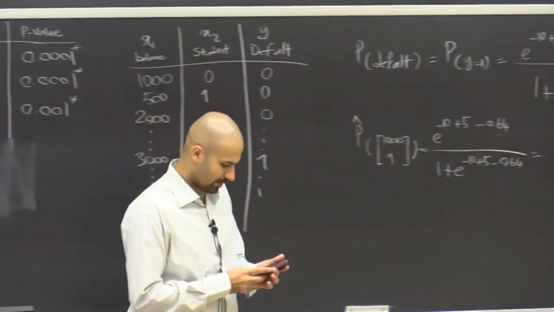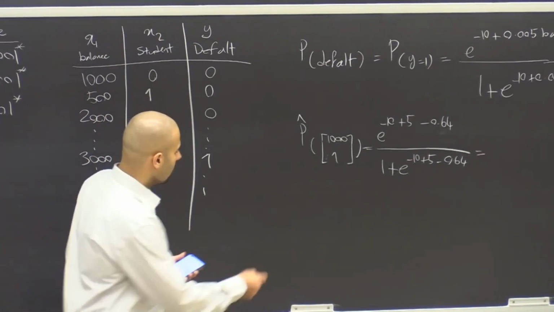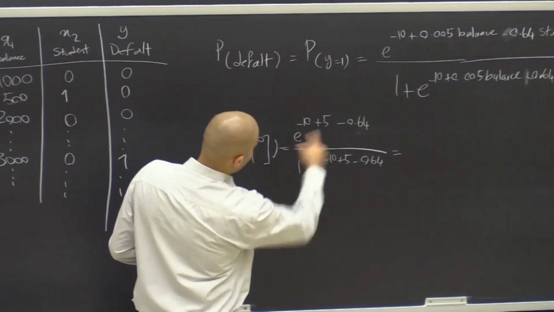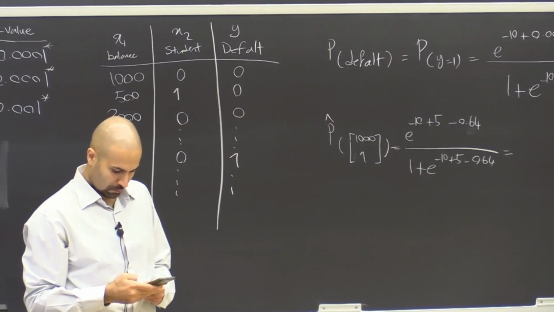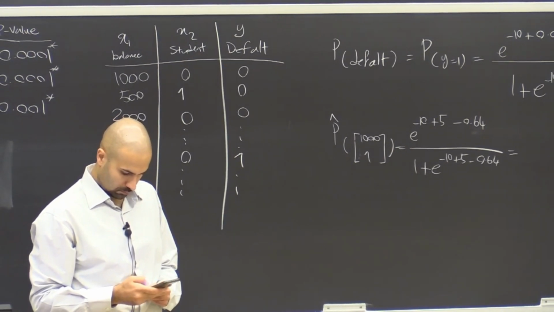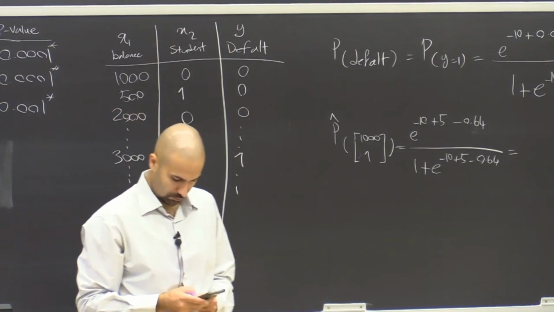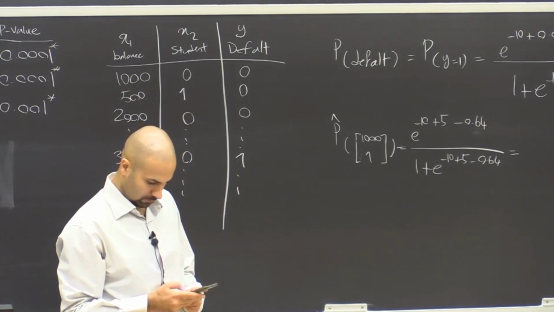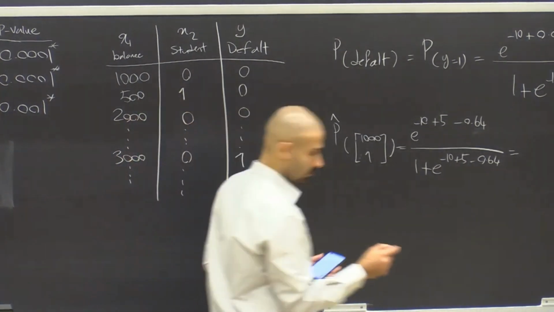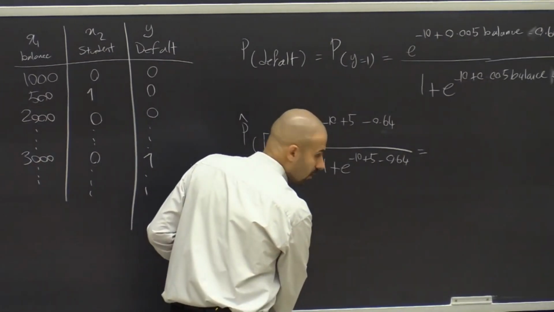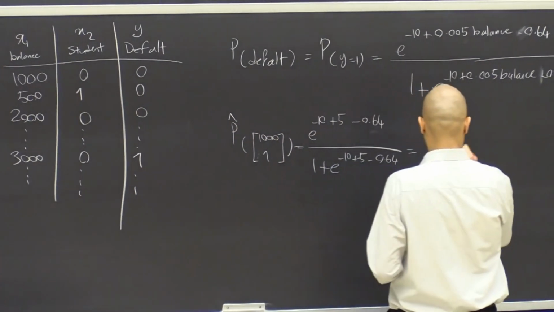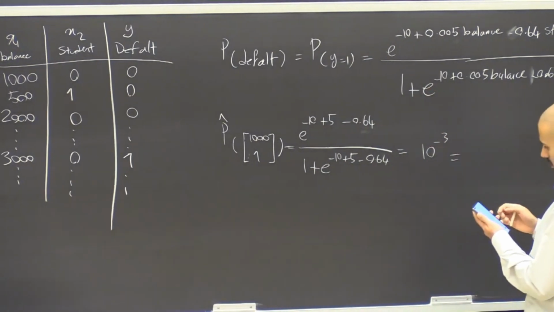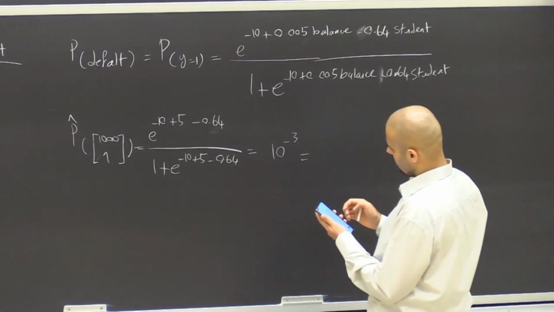All right, I'm going to also try. So it's e to the minus 565... 64. It's like 10 to the minus 3.